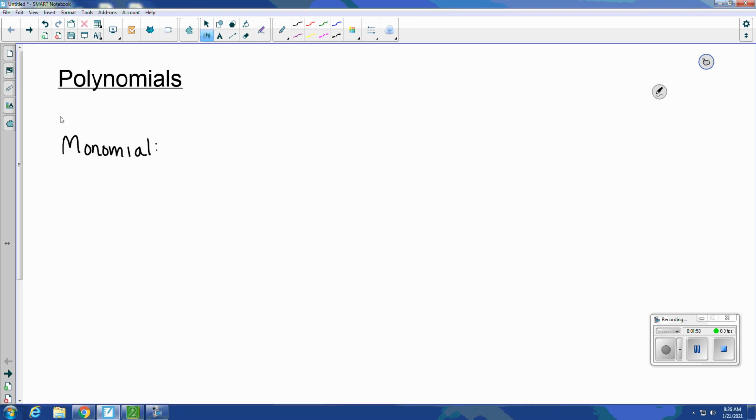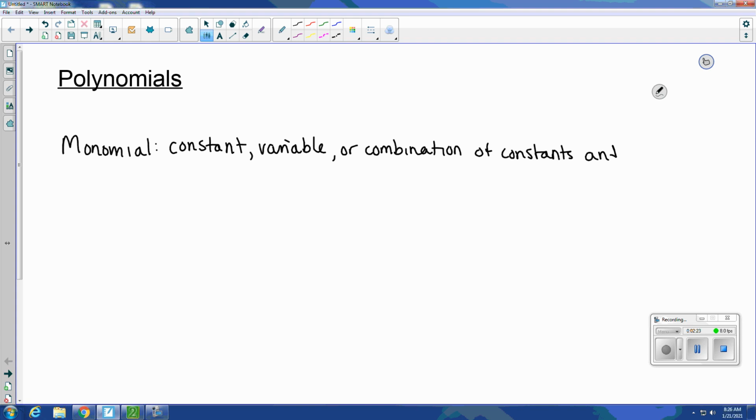So mono, singular. A monomial is either a constant, so just a standalone number would be considered a monomial, a single variable, or a combination of constants and/or variables, right?